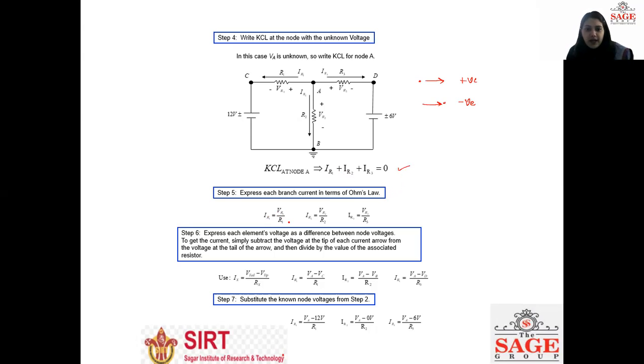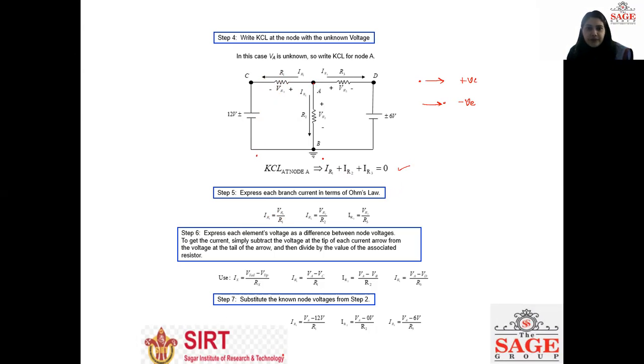Now, what will be the value of current IR1 in terms of V and R? Current is flowing between these two nodes, this node and the ground reference.